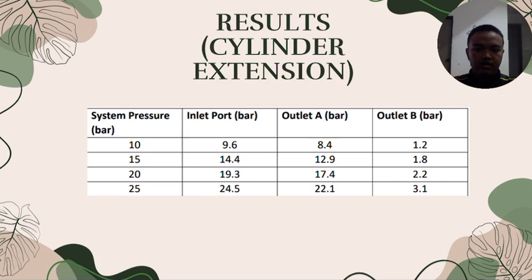Outlet A, which is the piston side during extension, reached 8.4 bar. This is the driving pressure. Outlet B, the rod side return line, shows only 1.2 bar. This is the back pressure. As system pressure increases, all values rise proportionally, which tells us the system is behaving predictably.